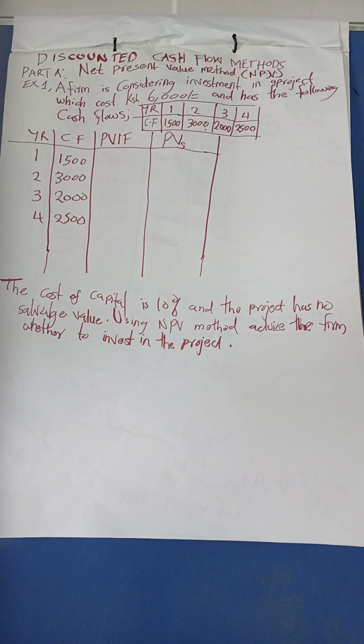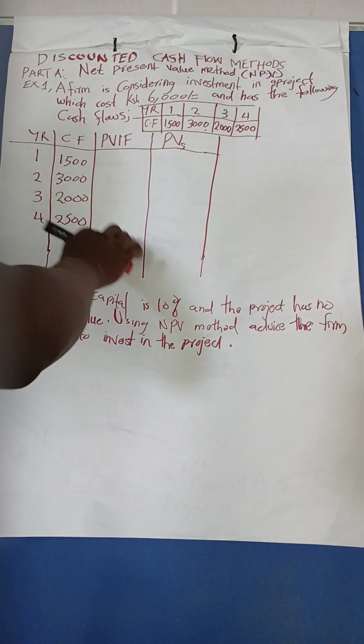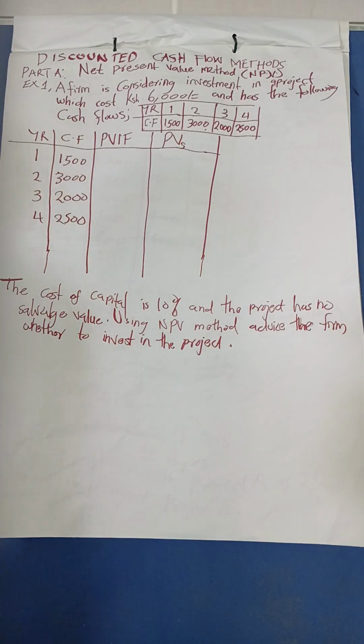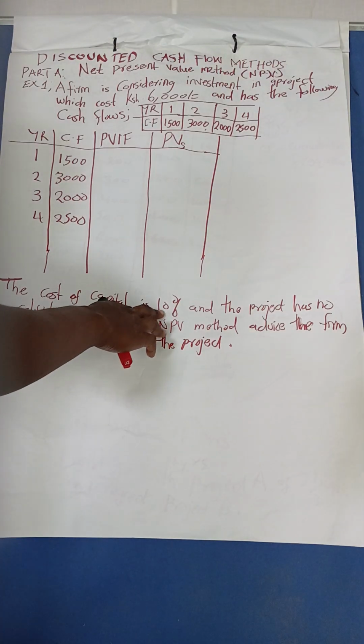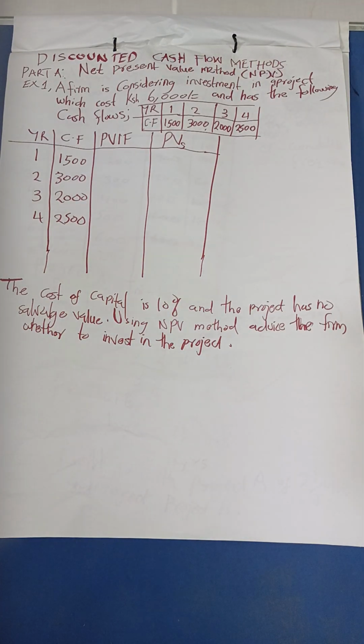If you don't understand this area well, you'll not be able to calculate well the internal rate of return method, the IRR, and the profitability index, or you can call it the cost benefit ratio method. So I want us to understand this area very well, especially the PVIF, how this comes, and the PVS. Then when we go to the internal rate of return, I will show you how we will play with the percentage or the rates.